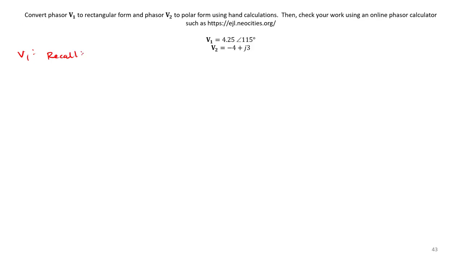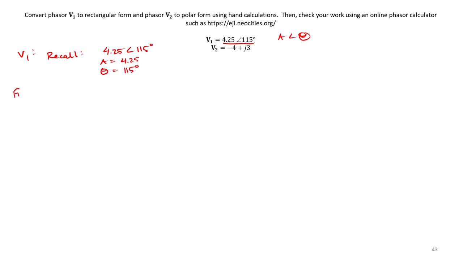So for V1, we have an A and a theta value. 4.25 angle 115 degrees, that gives us A is 4.25, theta is 115 degrees.